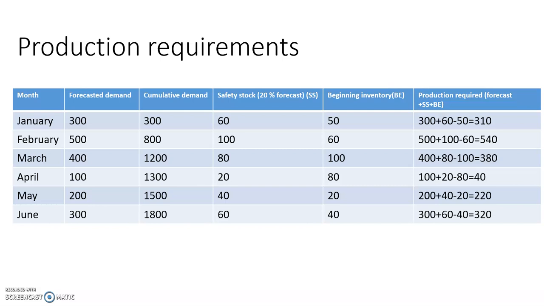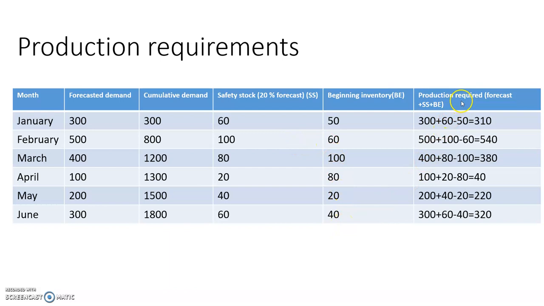And the beginning inventory for each month is the safety stock of the previous month. Already we have a safety stock for January, which is 50, given in the question. So the beginning inventory for February will be 60, which is the safety stock of January. Beginning inventory for March is 100, which is the safety stock of February, and so on.